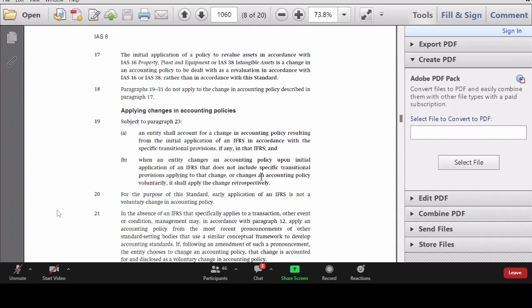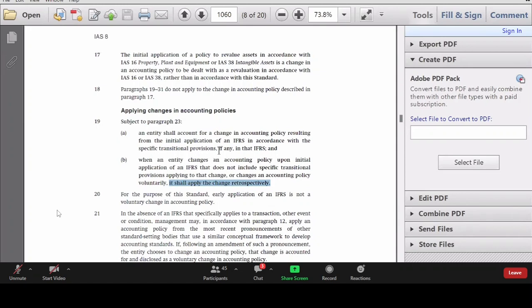The changes an accounting policy voluntarily, it shall apply retrospectively. This is here in paragraph 19 of the standard. This is the original text. There is no figure here. They just give rules. So changes in accounting policy, they apply retrospectively.